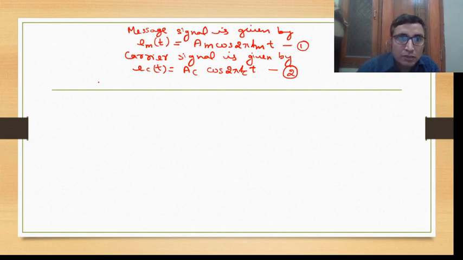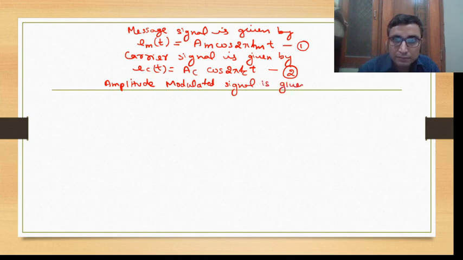Now the amplitude modulated signal is given by E of t is equal to A cos 2 pi fct. From the definition of this amplitude modulated wave, we are adding our message signal in the amplitude of the carrier.